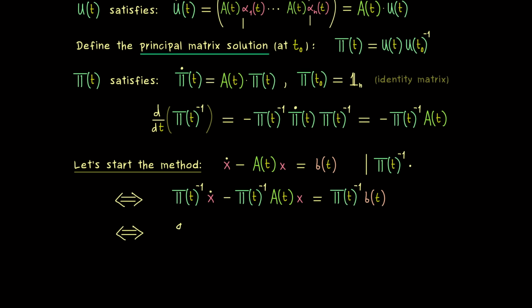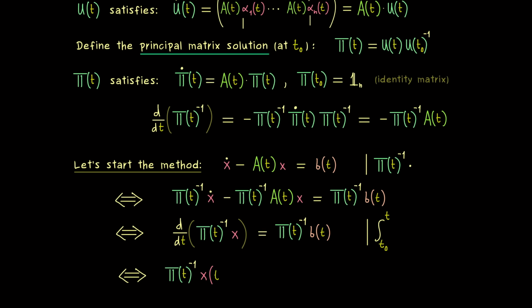Okay, but now you should immediately see that the product rule on the left definitely works. This is simply because we already know that this term here with the minus sign is exactly the derivative of the inverse of Pi. Which simply means that our integrating factor works and we just have to integrate on both sides. And then as before, we get the upper limit with x of t and the lower limit with x of t0.